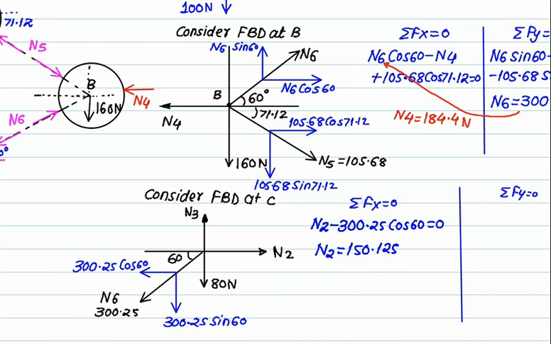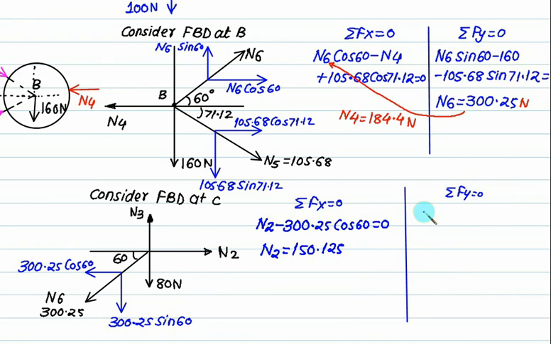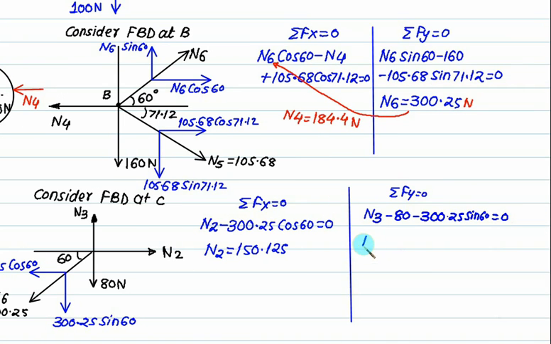And what about sigma Fy? N3 is positive, T is negative, and 300.25 sine 60. I know the answer is 340, so I will just write it; otherwise you write whatever the answer comes. That is your choice.